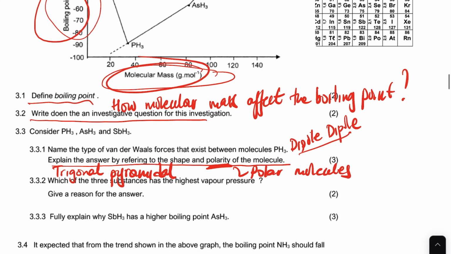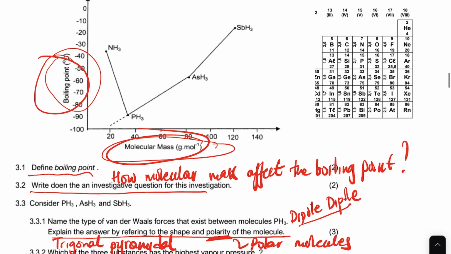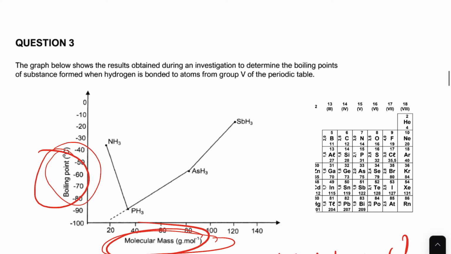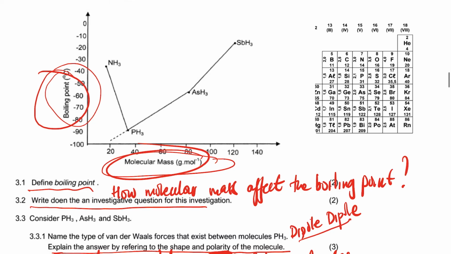Let me say the question again: which one of the three substances has the highest vapor pressure? The one with the highest vapor pressure is the one with the lowest intermolecular force. The lowest is PH3. The one with the highest intermolecular force is this.